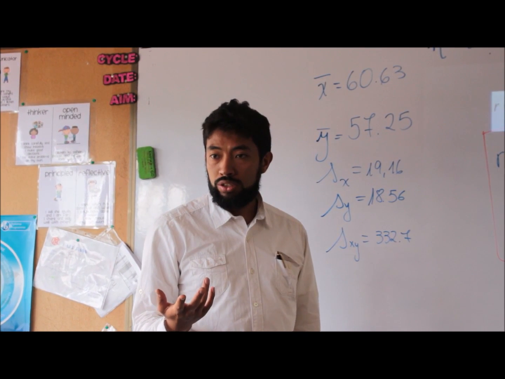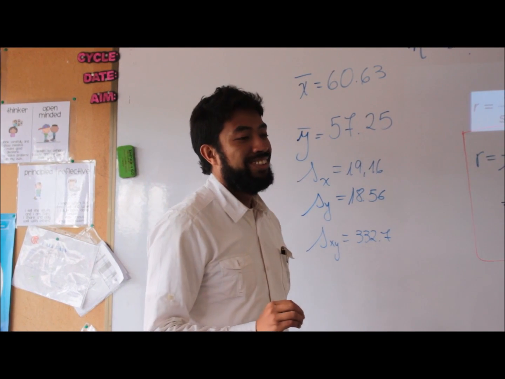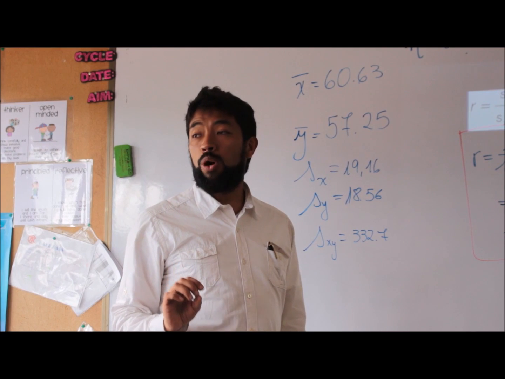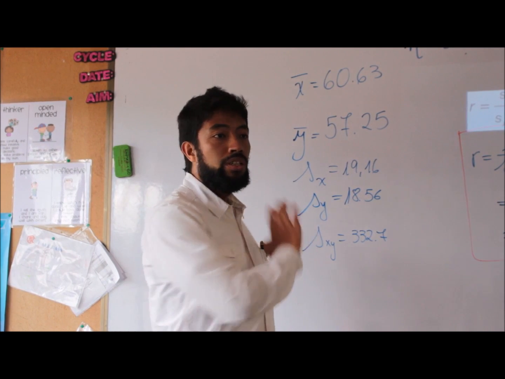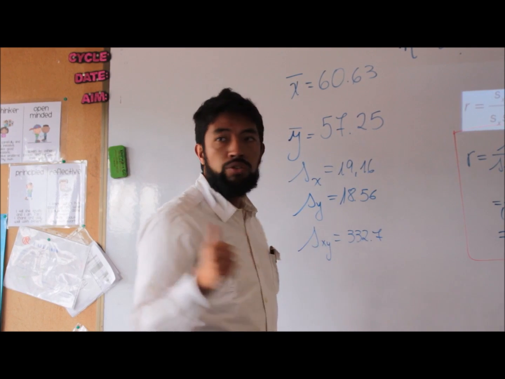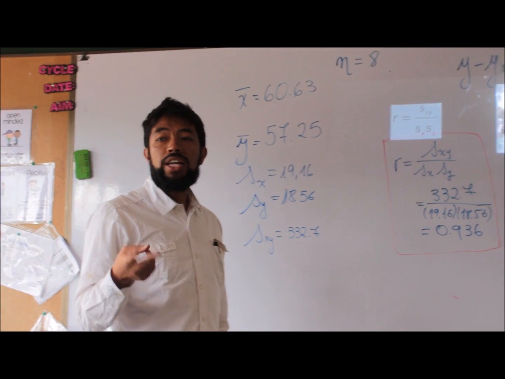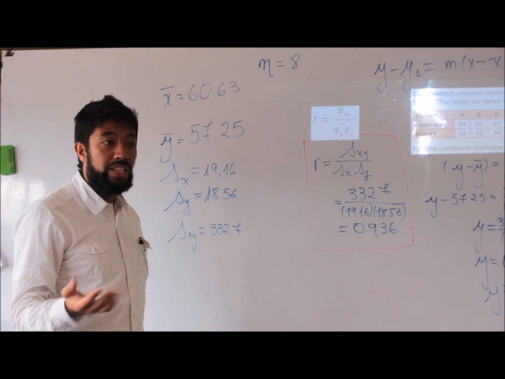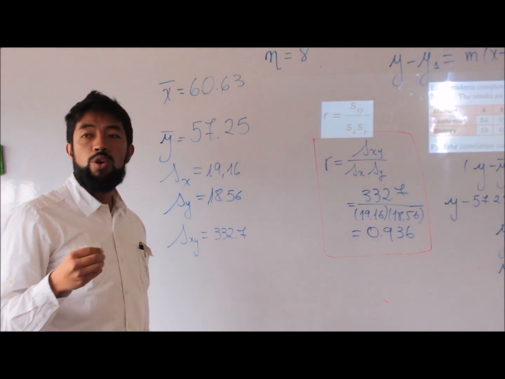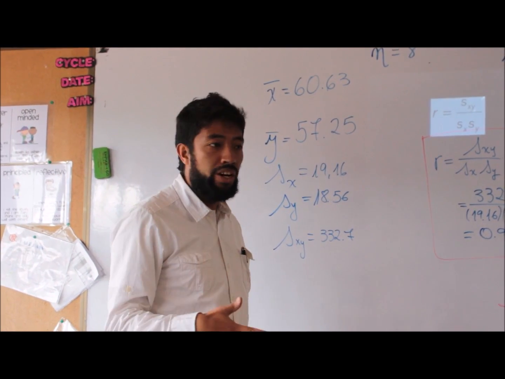Clear? So I suppose that based on this explanation of the R coefficient and the regression line and what is related to chi-square test that we studied previously, you are prepared to define your internal assessment project. Clear? Clear.